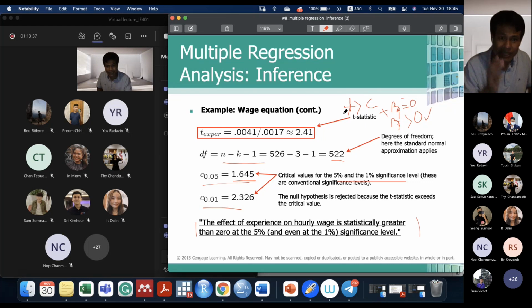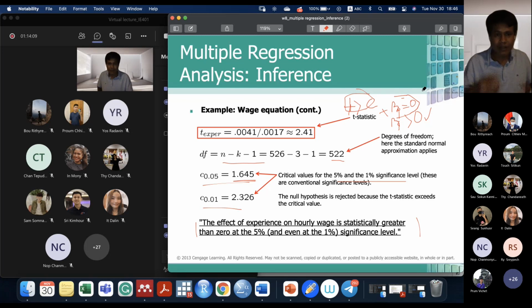Again, we reject the null hypothesis stating that delta j equals 0 only if t is bigger than c, and this is only the case when the alternative hypothesis is positive. This is true only if your alternative hypothesis states that delta j is bigger than 0.